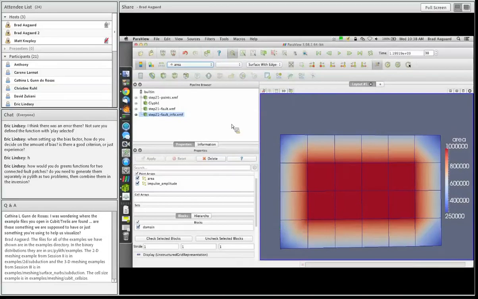Now, if you have two non-connected fault surfaces, such as the San Andreas fault and the San Jacinto fault, then you would have to do two separate greens functions generations. You would first use your San Andreas fault as your fault with applying impulses, and then do another greens function simulation with impulses on the San Jacinto fault.